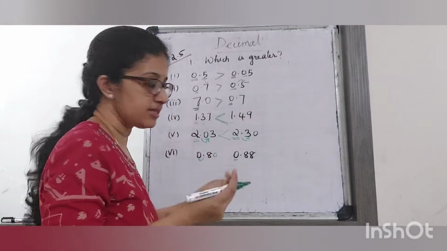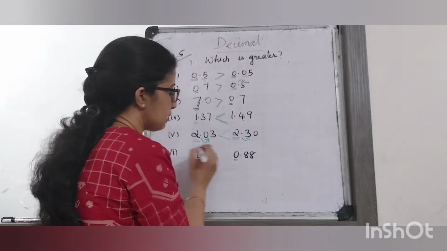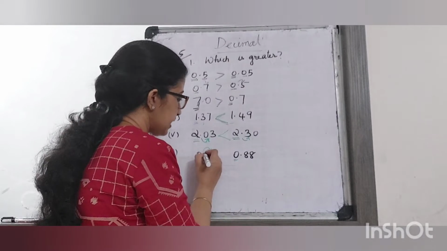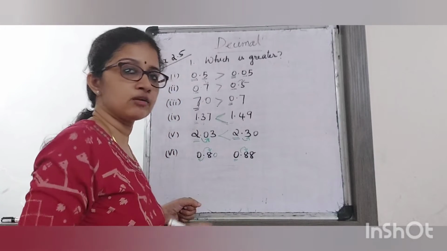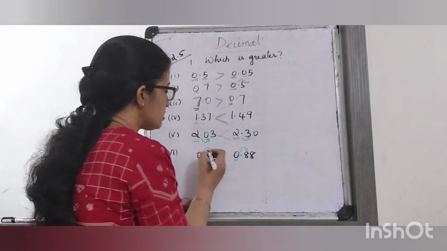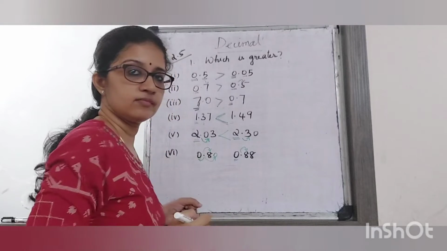Now the second step is that we have to compare the digit towards the right hand side of the decimal point. Here it is 8, here also it is 8. Again we cannot conclude anything. Now let's move on to the second digit towards the right.